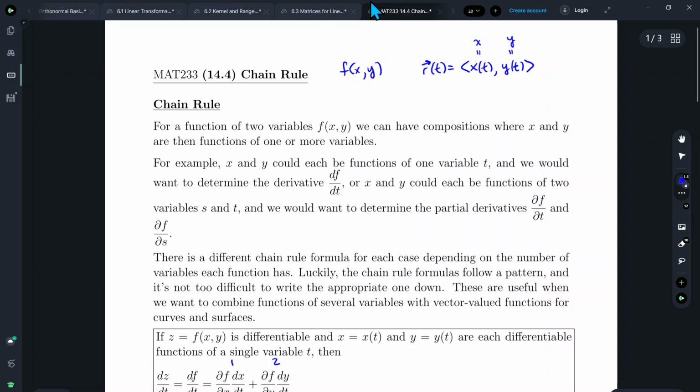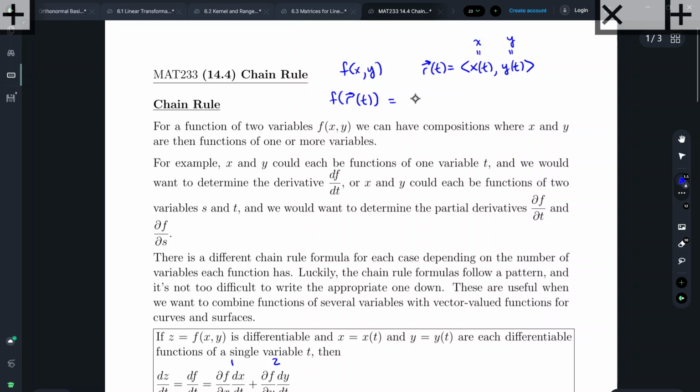So we substitute the vector valued function into f, and I'm allowed to do that because the output of the inside function should be the input for the outer function. And that's exactly what happens: we have x and y as the output, which in turn becomes the input for f.